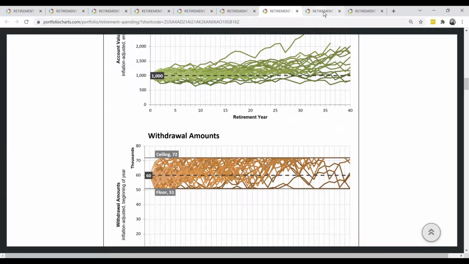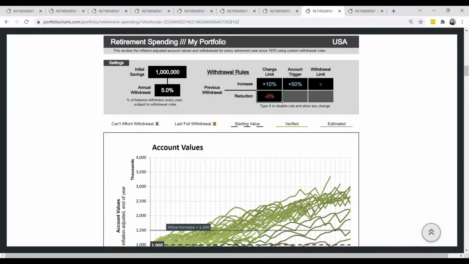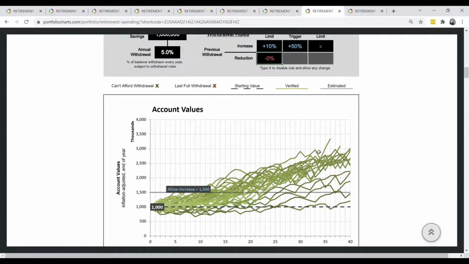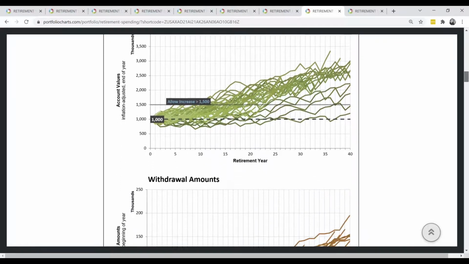And let's take a look at another option here. This is the Kitces ratchet that is suggested down below as another potential withdrawal strategy. You can see that this never reduces your withdrawal, but it will increase it by 10% if the account value goes up by 50% or more.